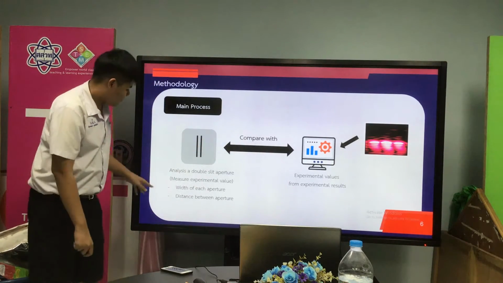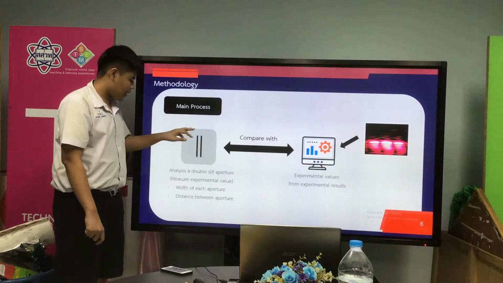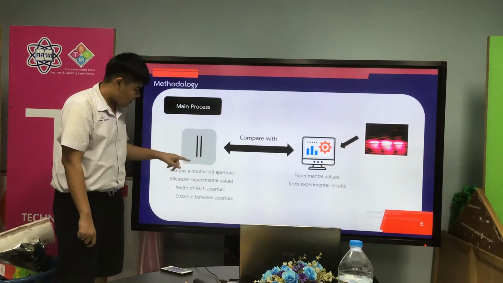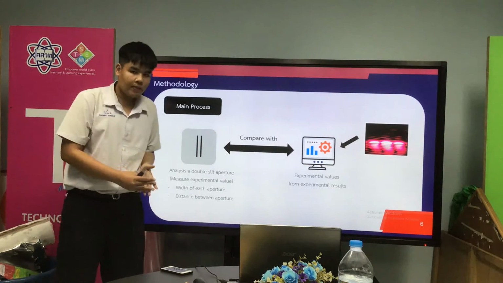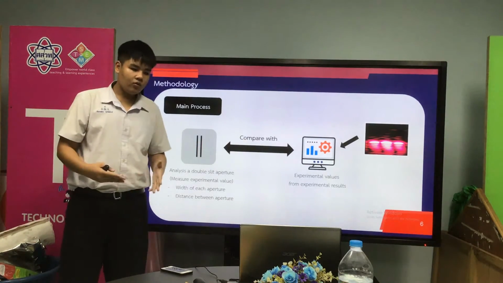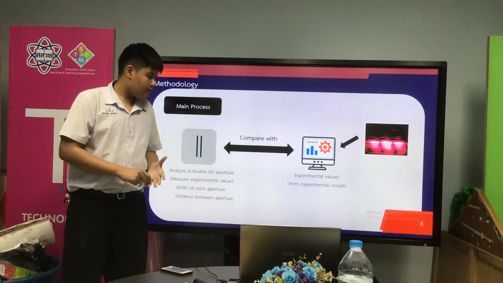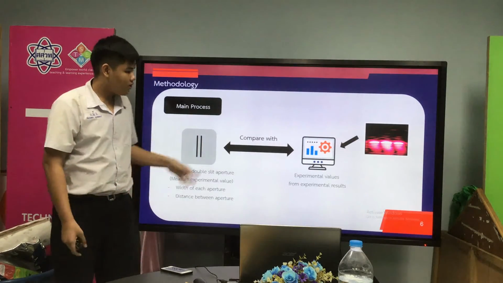Then I will analyze my double slit, the width of each slit and the distance between them, and compare with the theoretical value that I find from the experimental result, the picture.